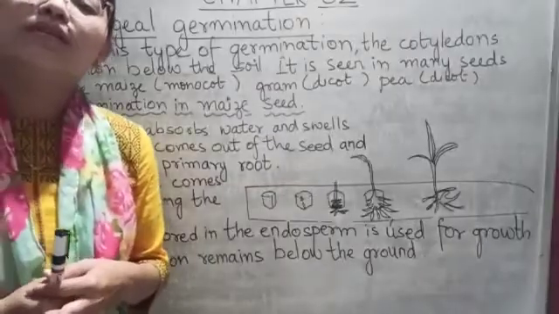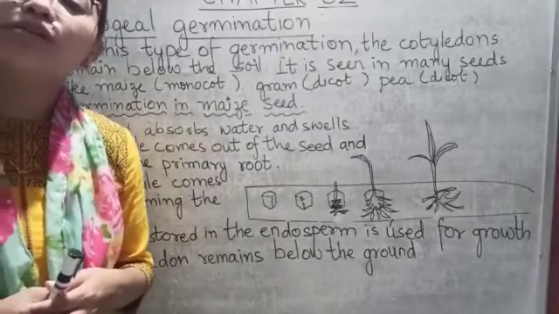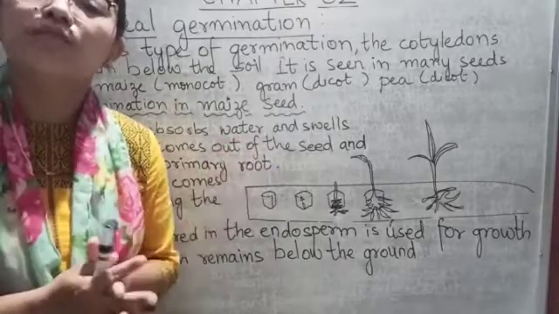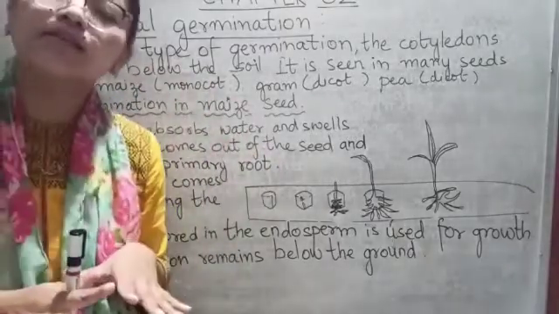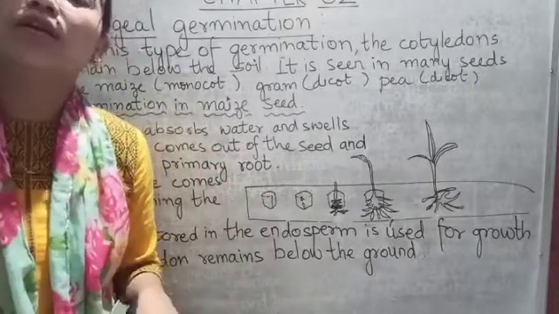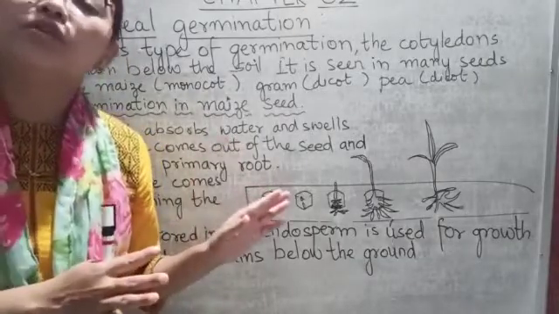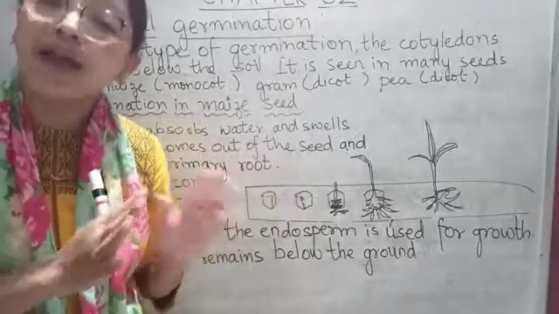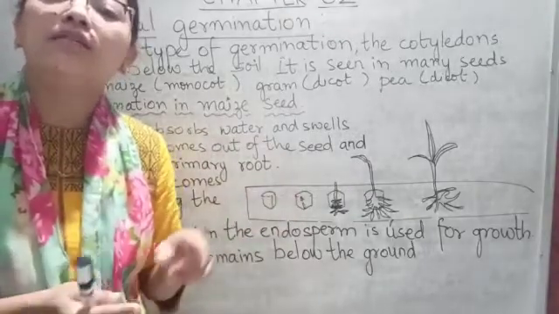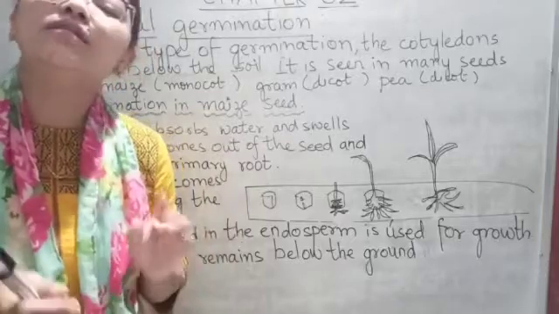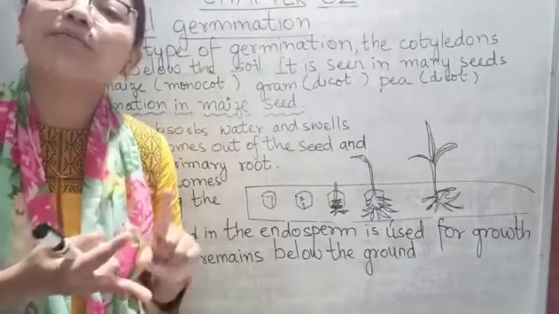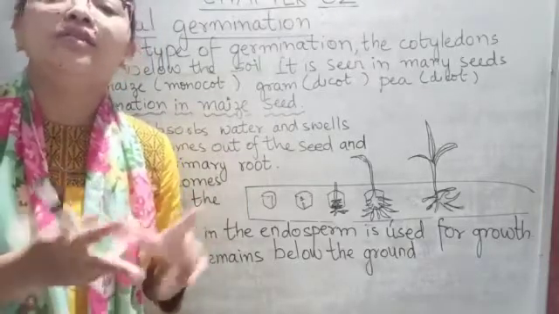Now students, the next type of germination is hypogeal germination. In this type of germination, the cotyledons remain below the soil. This type of germination is seen in many seeds, like in maize, which is a monocot seed, and in gram and pea, which are dicot seeds.